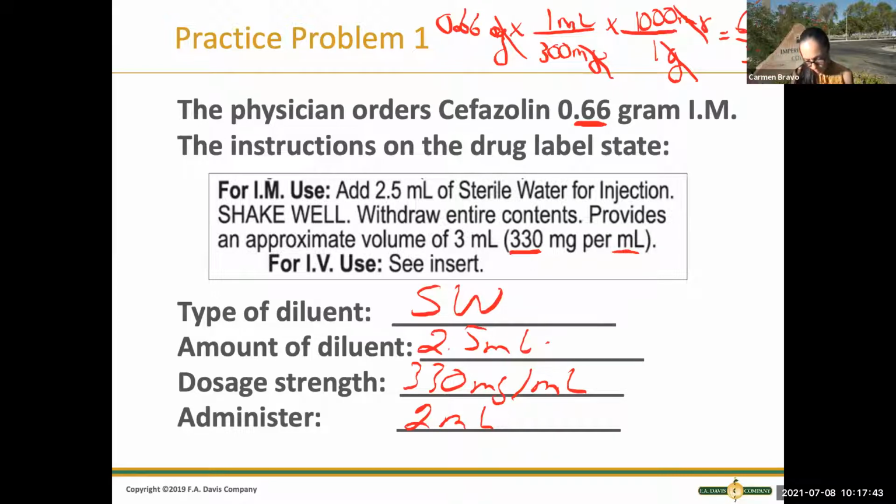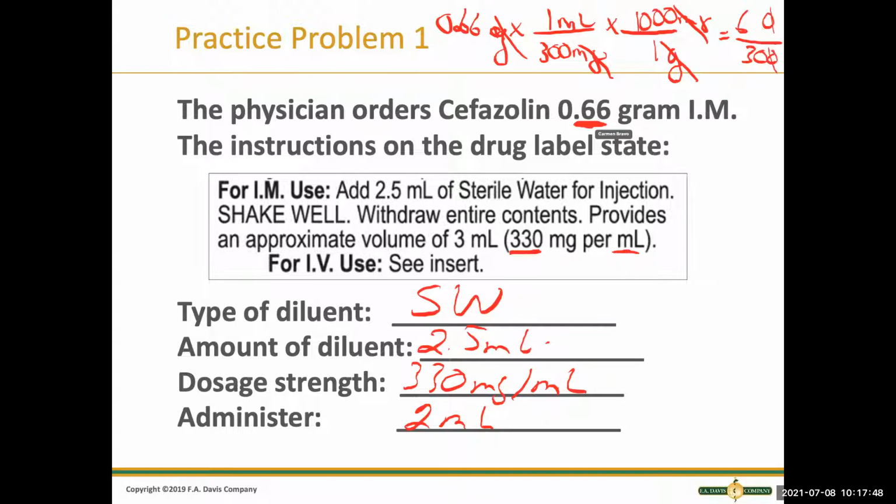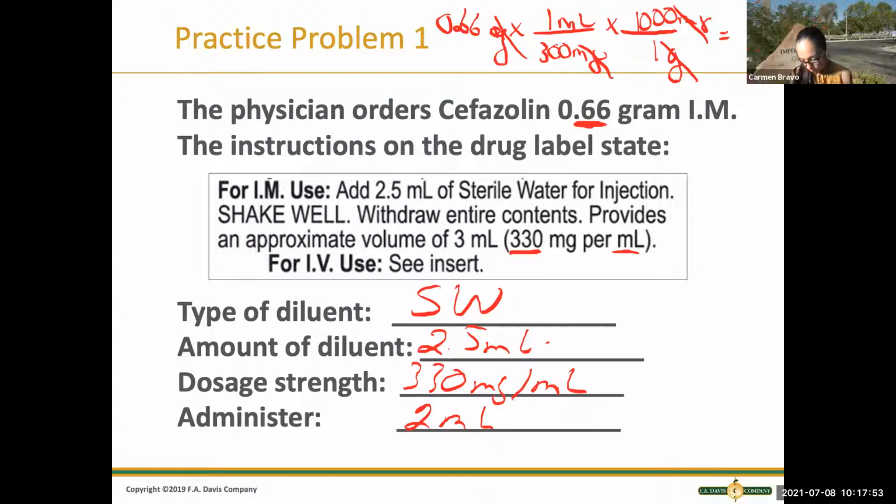But do you guys follow me there? I like to convert my grams: 1 gram is 1,000 milligrams. If I move my decimal 3 places to the right, it's going to be 660 milligrams, which is 2 mLs.